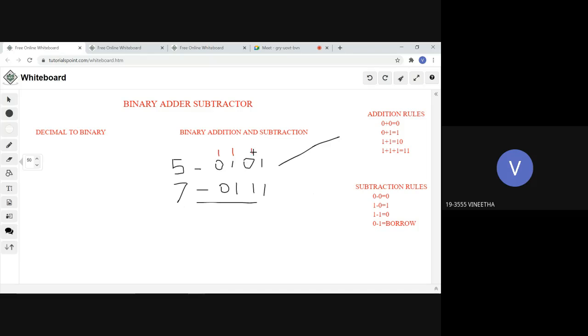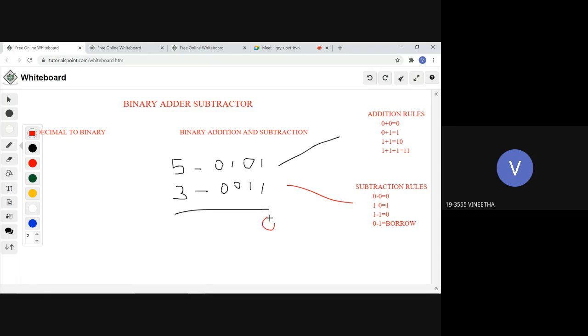Now let's take a look into binary subtraction. For binary subtraction, let's take 5 and 3. 3 in binary is 0, 0, 1, 1. For subtraction, we use these rules. 1 minus 1 is 0. 0 minus 1 needs a borrow, so we take a borrow from 1.